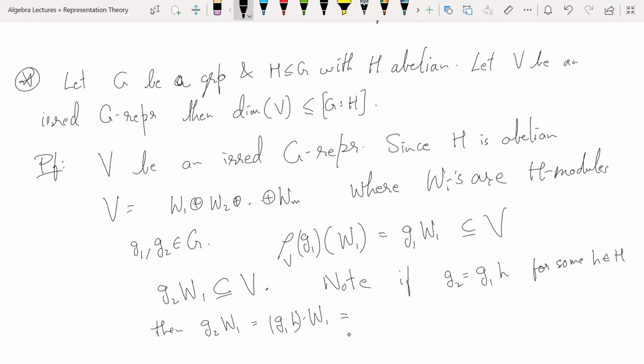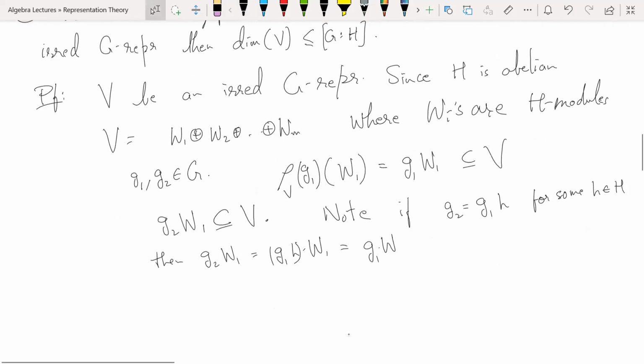But W1 is an H module, so this is the same as G1 W1. So if G1 and G2 are in the same left coset, then you get the same subspace. So G1 W equals G2 W if G1 and G2 are in the same left coset.